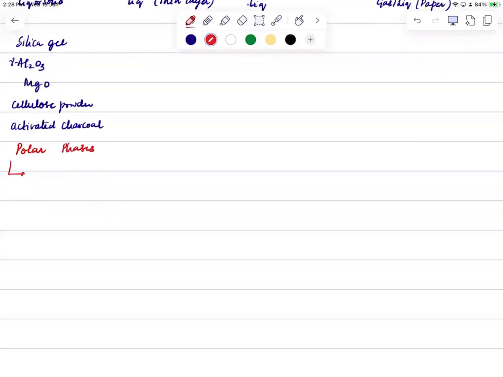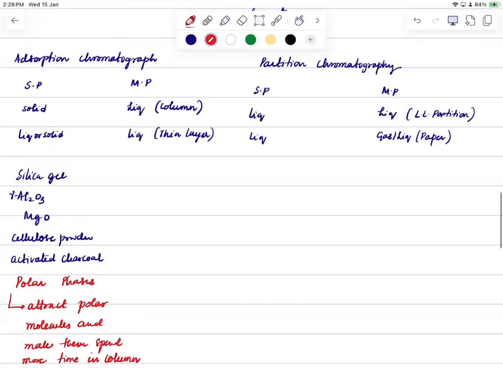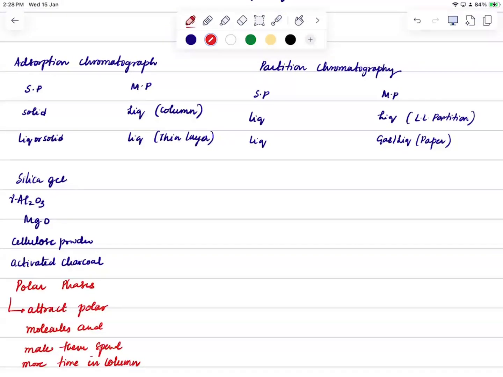Therefore, they attract polar molecules and make them spend more time in the column. So if more time is spent in the column, that means it must be more polar. Correct? So questions of this kind would be asked. So just be careful with that. Right? So what exactly are we checking out?